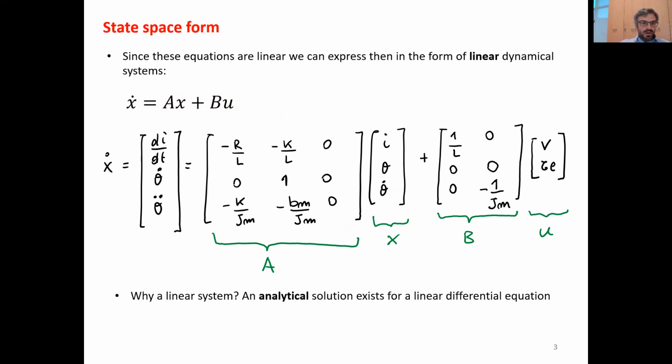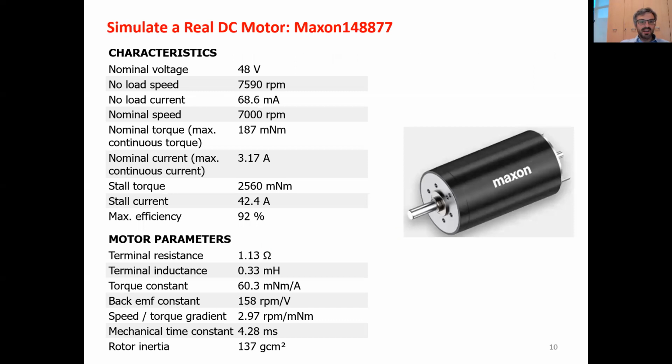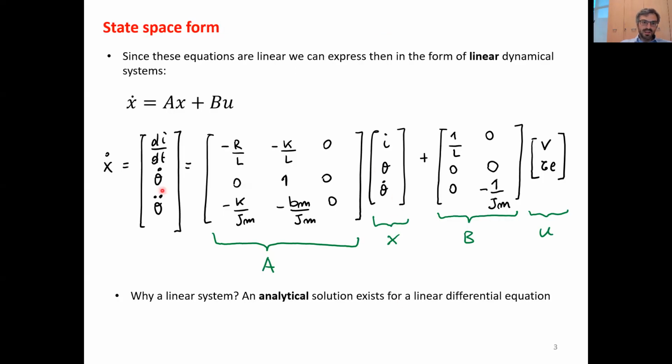And why do we like to have a linear system? Because an analytical solution exists for a linear differential equation. And so we can directly integrate this system in a closed form way. Or we can do it numerically, doesn't matter.